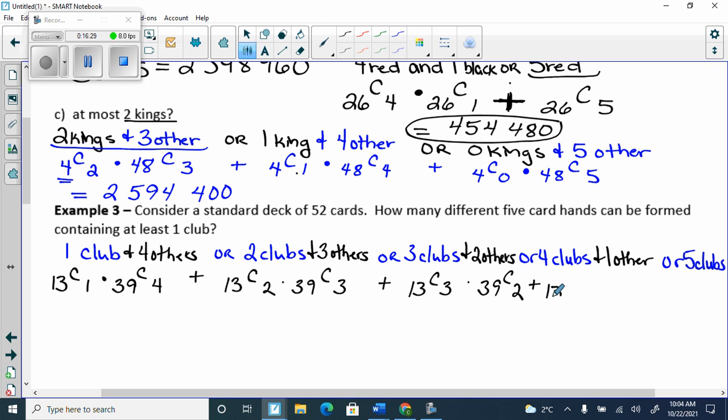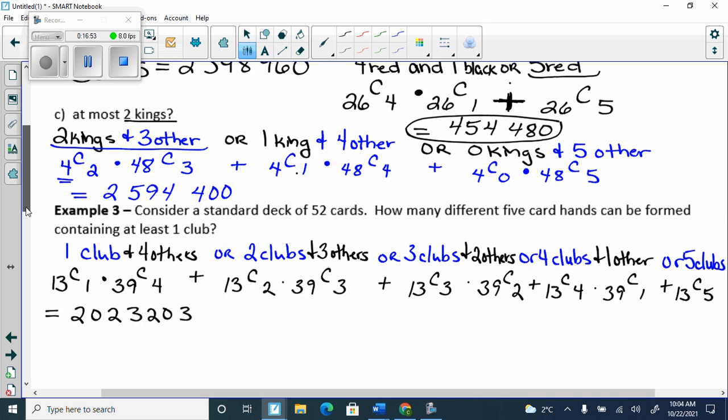Or 13 choose 4 times 39 choose 1. Or 13 choose 5. It's extensive. What do you get? 2,023,203. Yes.